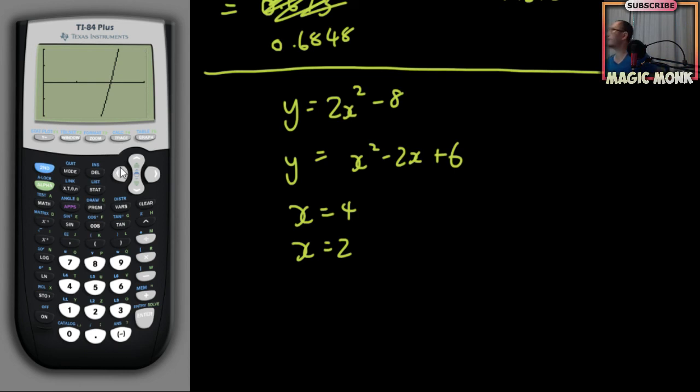X is negative 4 and x equals 2, sorry, negative 4 and 2. So you can't see anything, so let's make it bigger. Window, let's just go negative 10 to 10. Let's go to the default one. We want to be able to see the two curves.